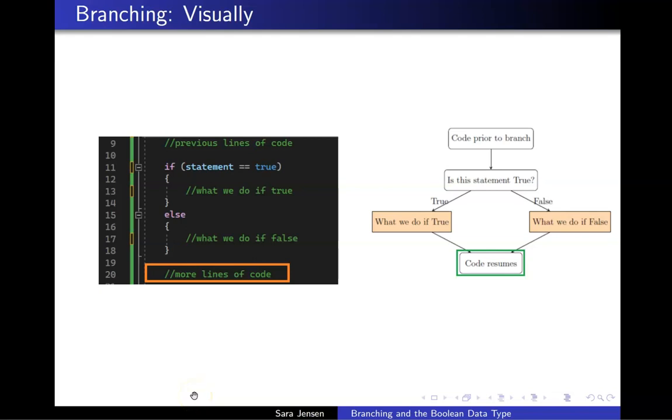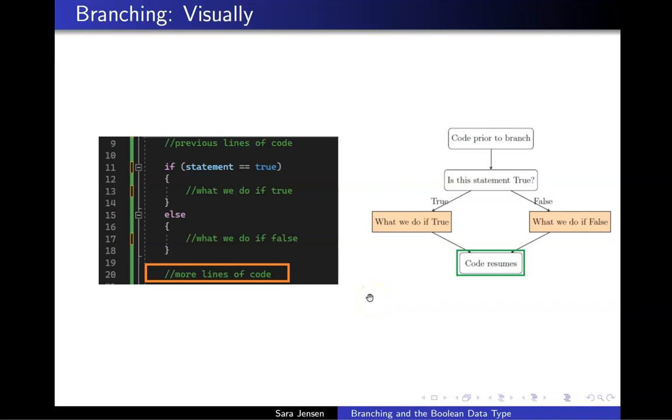and the rest of the program is executed from there. So it's important to know that within your code, you're going to have to think of every possibility, what happens in one case and what happens in another, and you'll have the code for both situations in your program. But when the program is run, only one of these two chunks, between 12 and 14, or 16 and 18, will actually be executed.